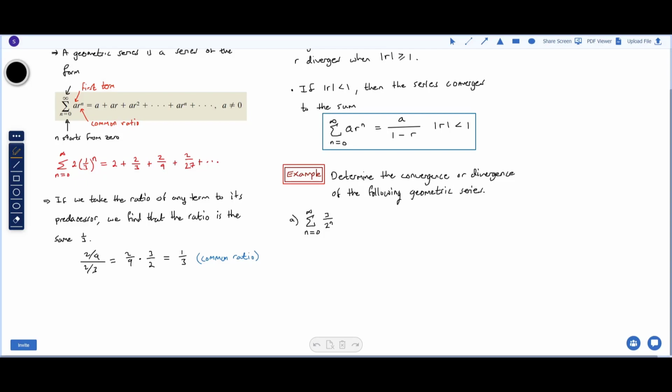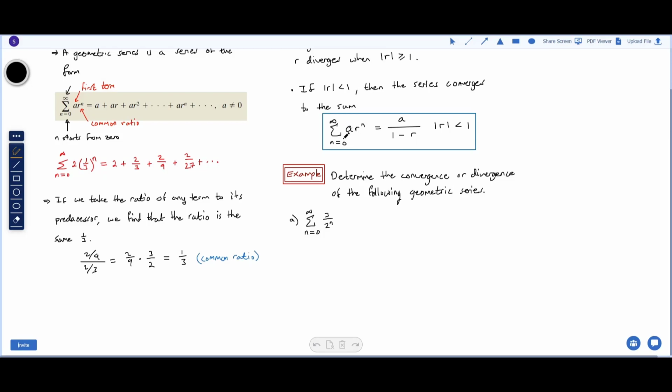Okay, so sometimes your geometric series might not be made obvious. So it's up to you, if you suspect that the series might be a geometric series, to see if you can simplify it and rewrite it so that it fits this form.